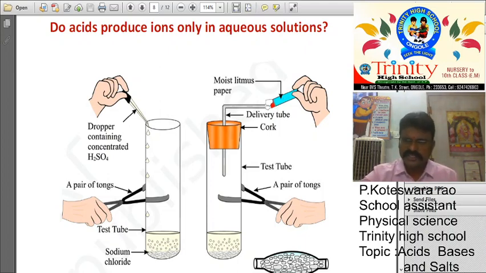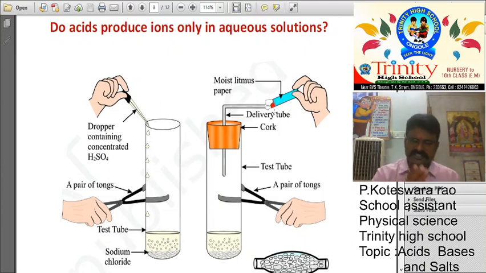Now we bring a wet blue litmus paper. Because of this gas, the wet blue litmus paper changes into red color. With dry blue litmus paper there is no change. That's why here we took wet litmus paper, and its color changes into red.